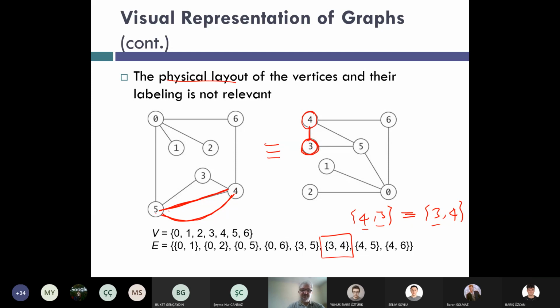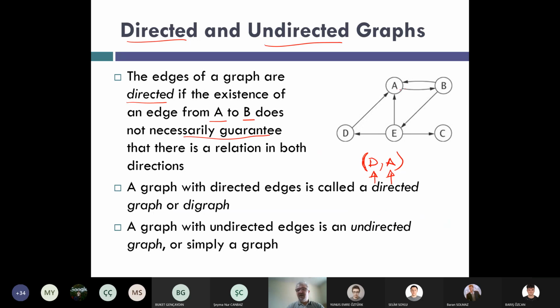So in a simple graph, we do not allow such two edges in undirected graphs, but in directed graphs, we may have two edges in different directions between the two vertices.